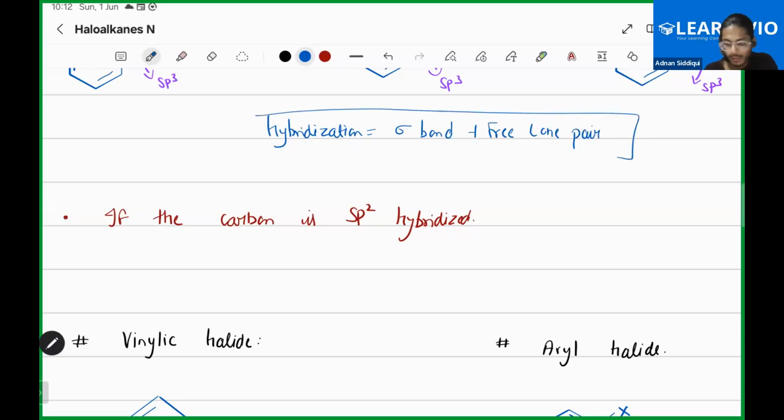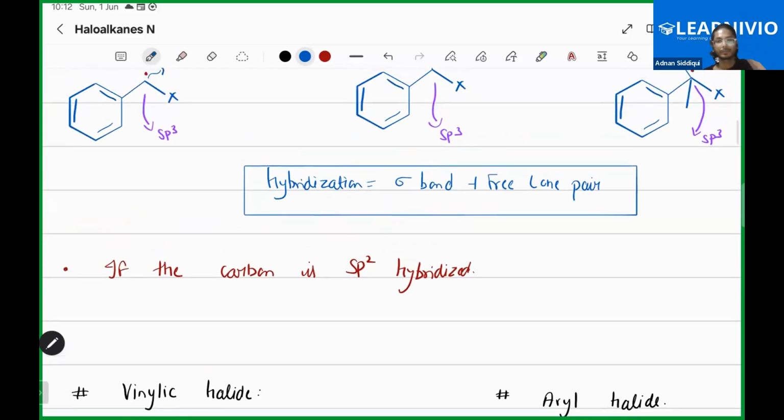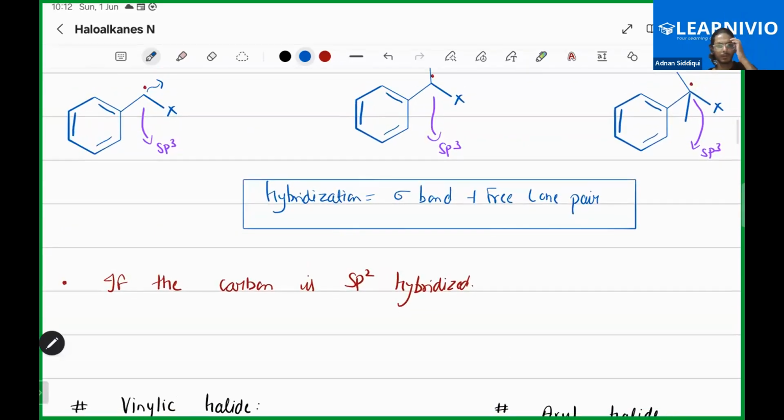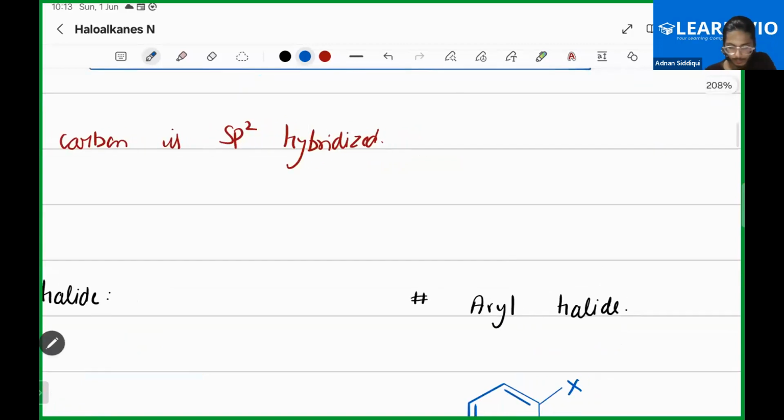This is the formula to calculate hybridization, right? Now, let me give you an example so this concept gets clear.